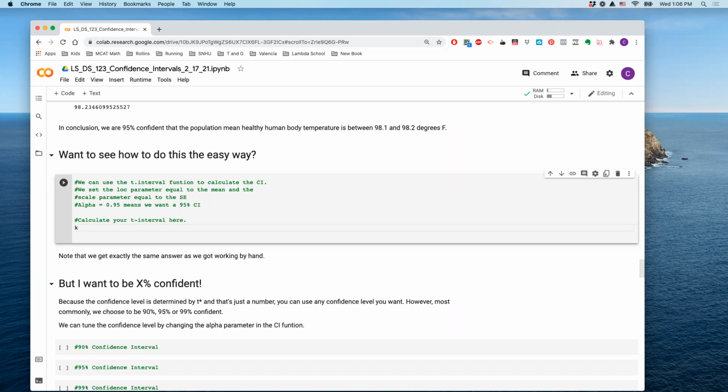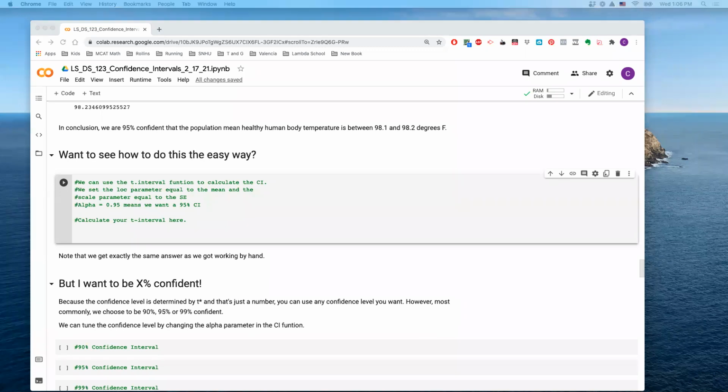So yes, the probability that you would get a confidence limit that doesn't capture the population mean, 1 out of 5, 1 out of 20, that goes up the more that you do. So we will talk about that in more detail later, but yes, that's a good question.